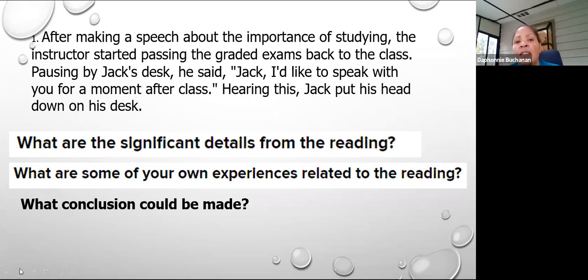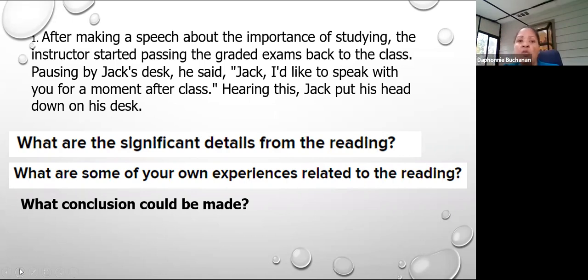So I want you guys to type in the chat what you think are the significant details from the reading. What are the significant details? This is going to tell me your background knowledge, what you know already that you can apply to this.